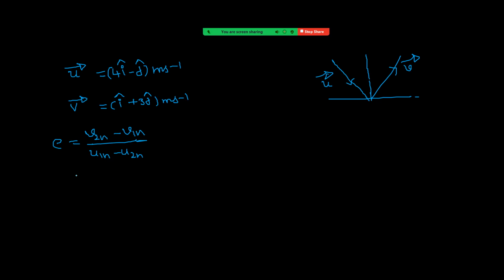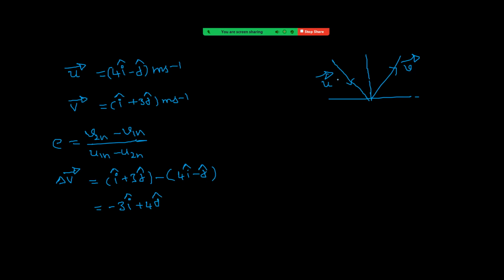Therefore, I can write here delta V bar, the change in velocity vector, equals i cap plus 3 j cap, final value, minus initial value, 4 i cap minus j cap. See how much we get? i cap minus 4 i cap, that is minus 3 i cap, and 3 j cap minus of minus 1 j cap, plus 4 j cap.